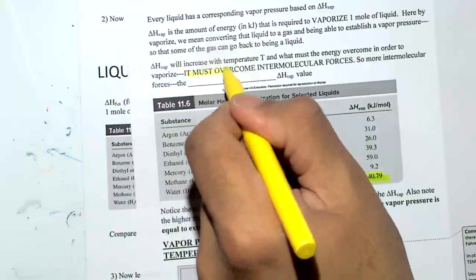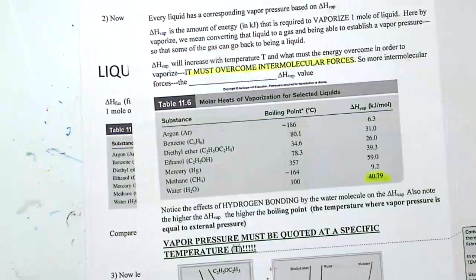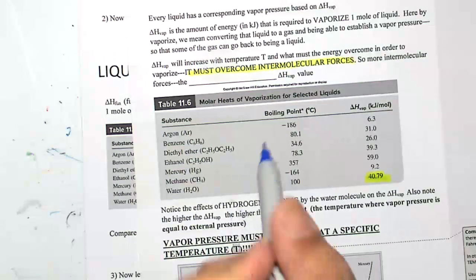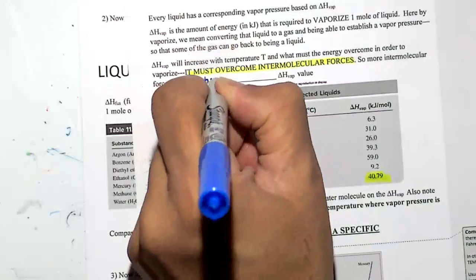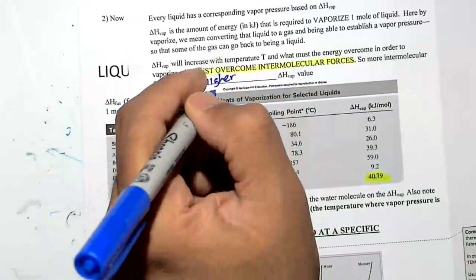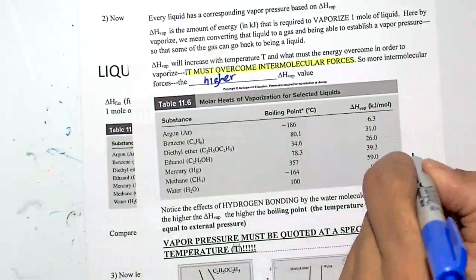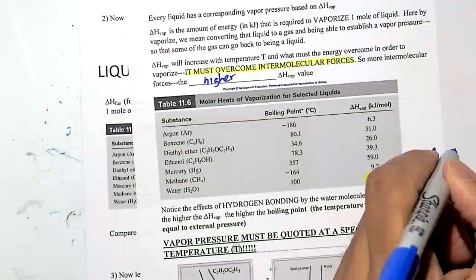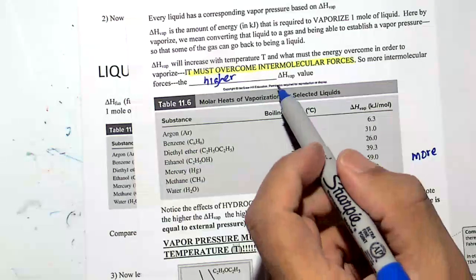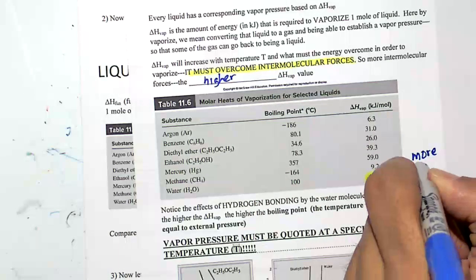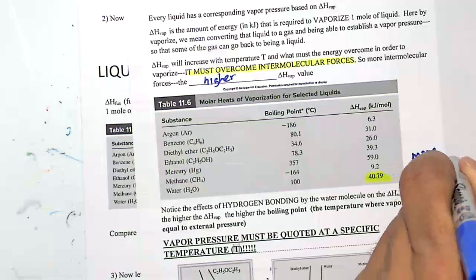The more intermolecular forces that you must overcome, the higher this delta H vaporization value is going to be. More IMF, more energy to overcome those intermolecular forces.